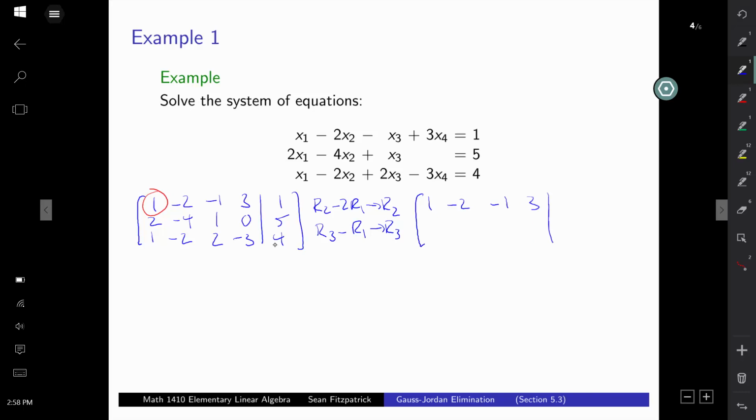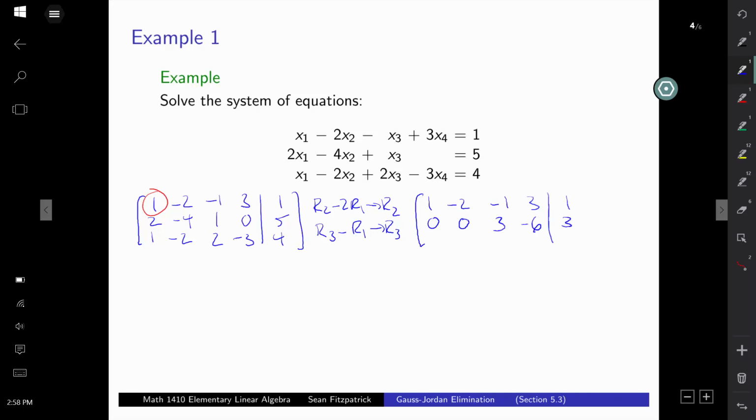So 2 minus 2, 0, minus 4 plus 2, 0. 1 plus 2 gives me 3, 0, minus 6 gives me minus 6, 5, minus 2 gives me 3.